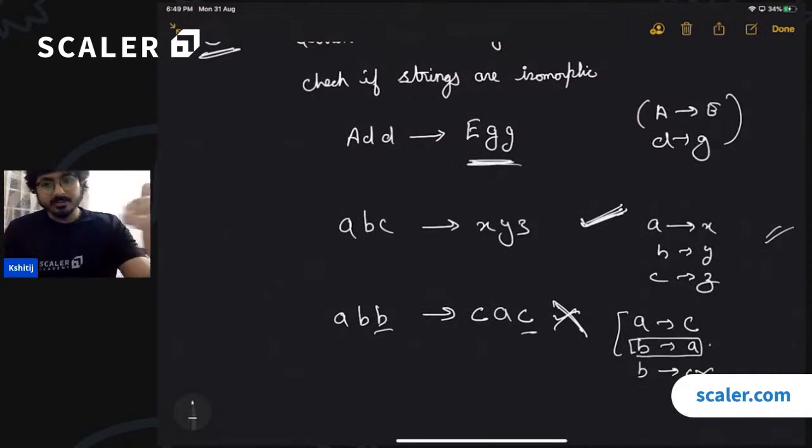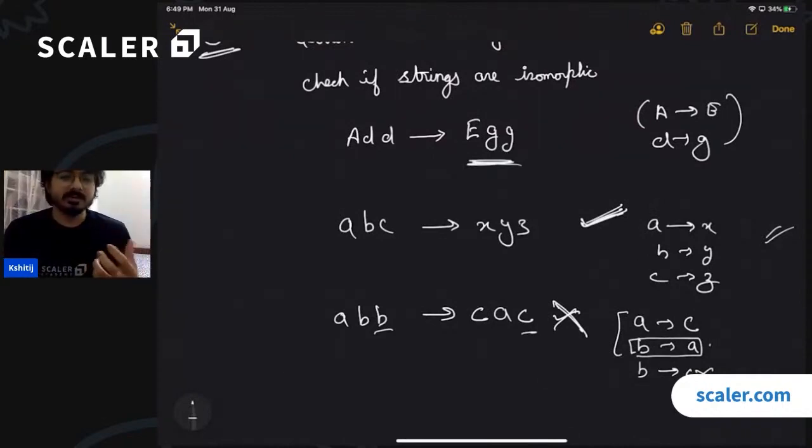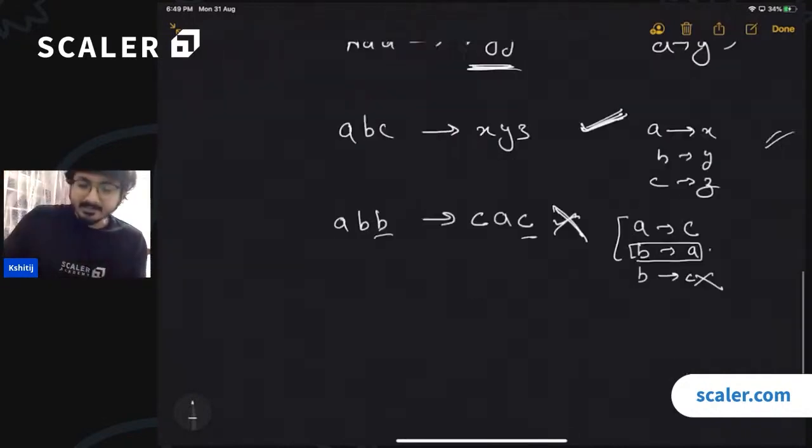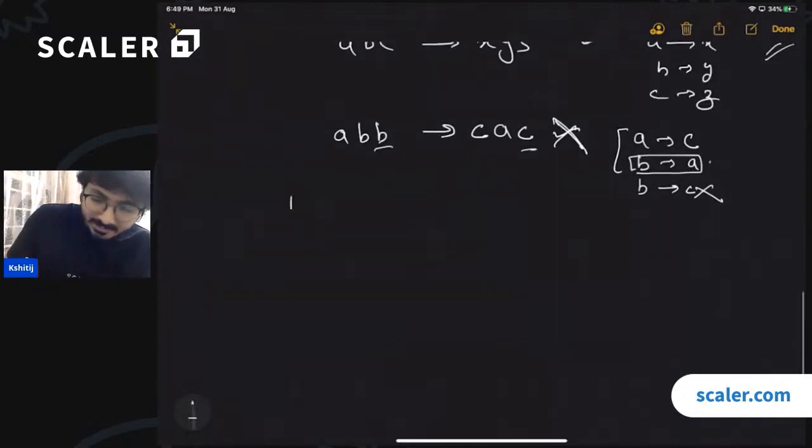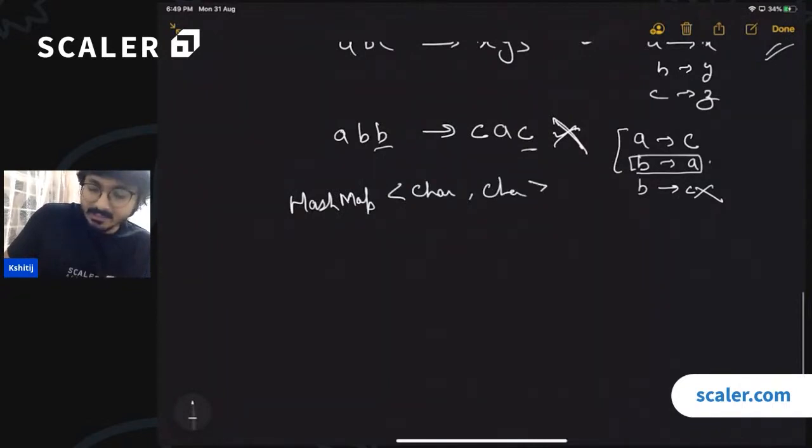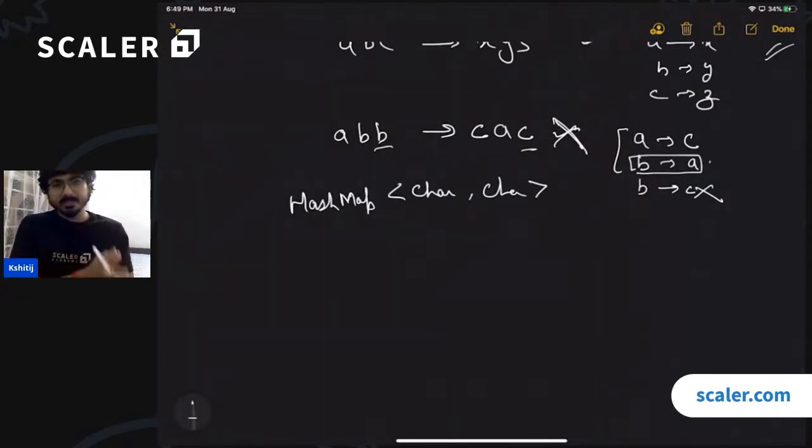Okay, now the most commonly sent approach that I can see is to take a hash map, which is a character to character hash map. And in this hash map, we'll be keeping a mapping of characters of string A to characters of string B, right?